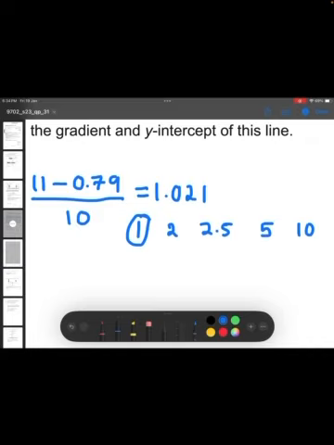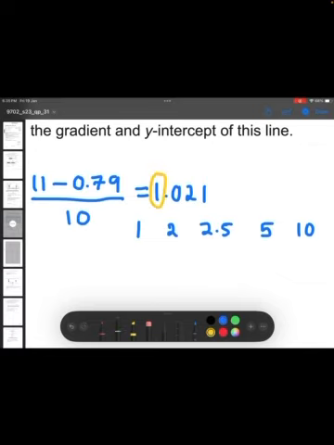For example, 1 means all the multiples of 1. That can be 10, 100, 1000, or 0.1, 0.01, 0.001, or we can go for 2, which is 2, 20, 200, 2000, or 0.2, 0.02, 0.002. So that's what we mean when we talk about scale.